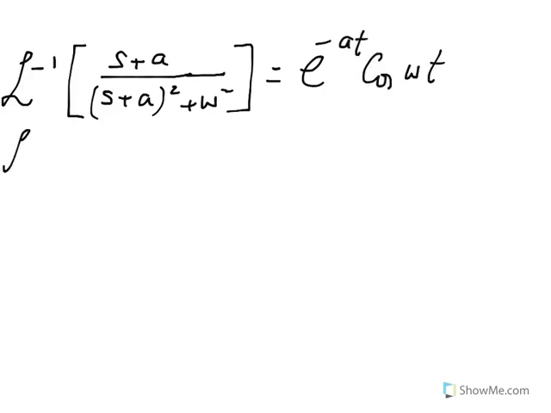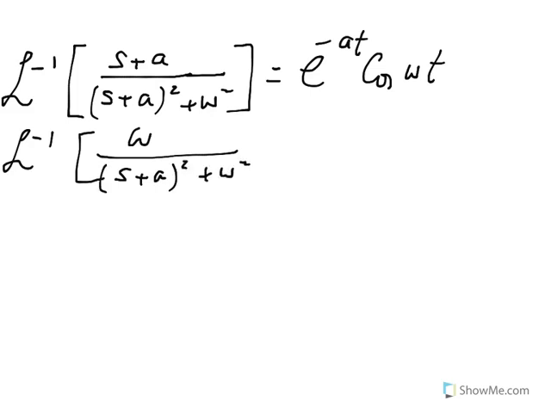And similarly, the inverse Laplace of just omega in the numerator divided by s plus a squared plus omega squared again, you go back to the time domain, and it becomes e to the minus at sine omega t.